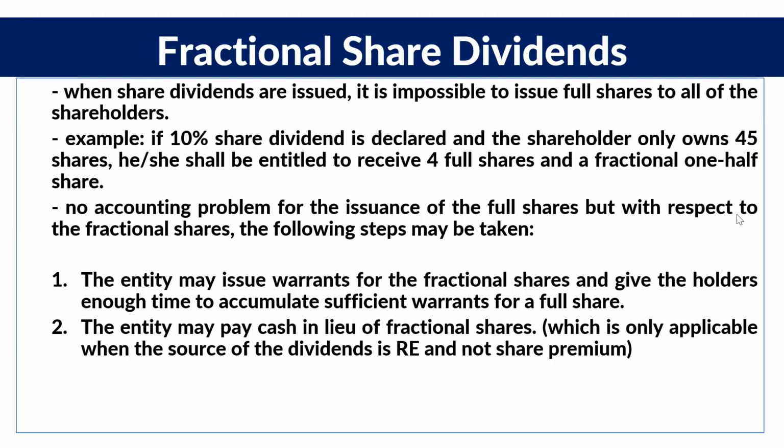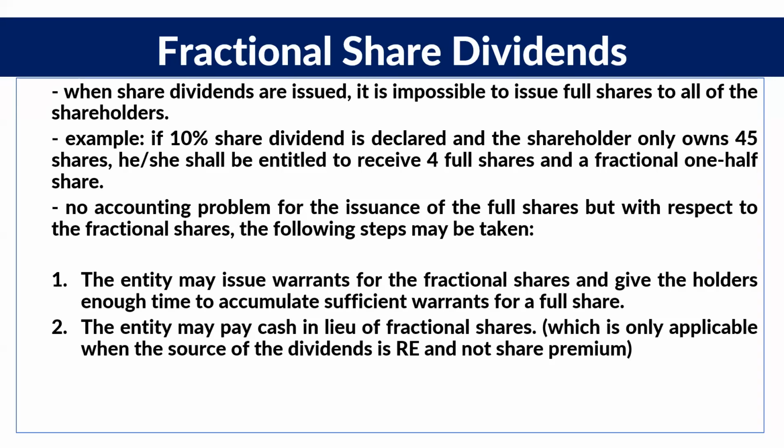One, the entity may issue share warrants for the fractional shares and give the holders enough time to accumulate sufficient warrants for a full share. So just wait first. Just issue share warrants and wait until they can form one share, so that the shareholder can avail of a full share. Two, the entity may pay cash in lieu of fractional shares.